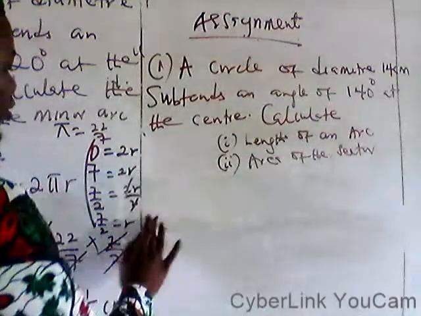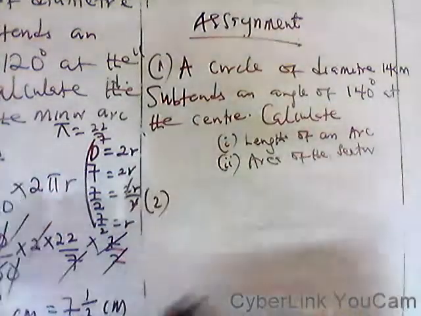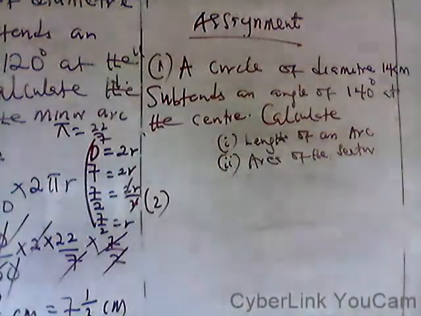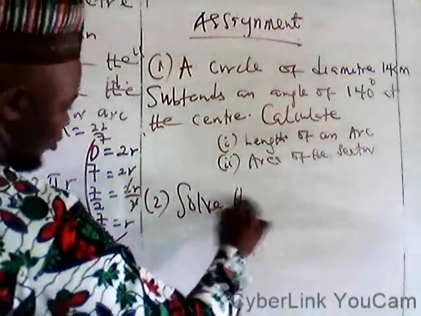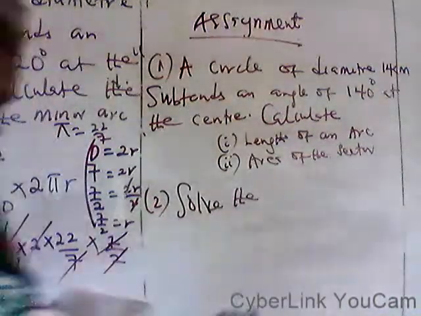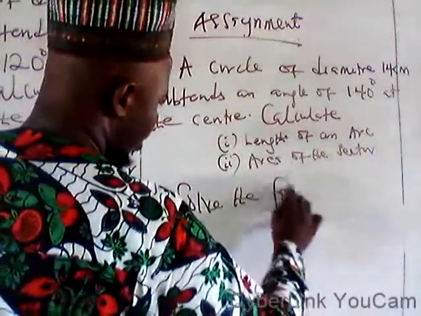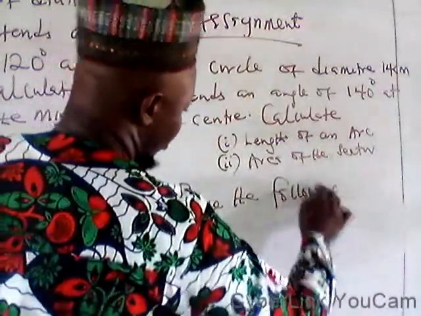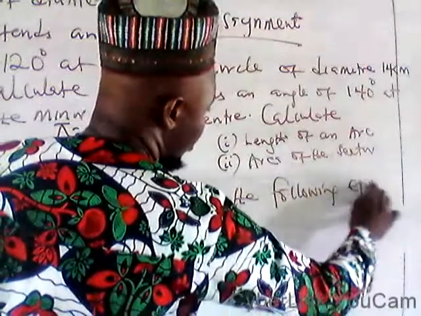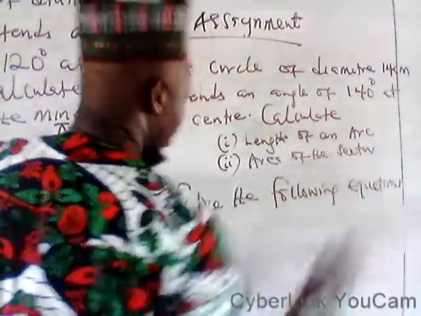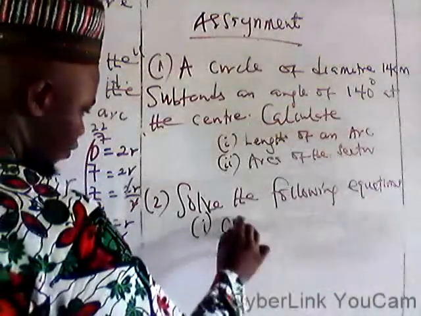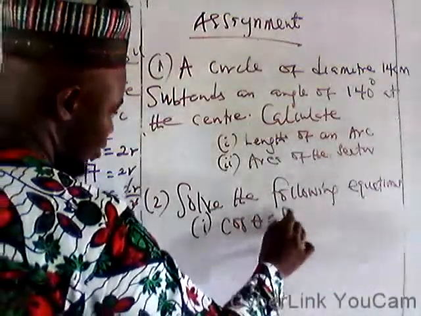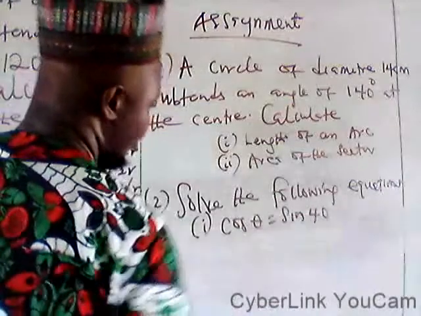Now for the second one, you have to solve the following equation. So the first one, you have cos theta equals sine 40.